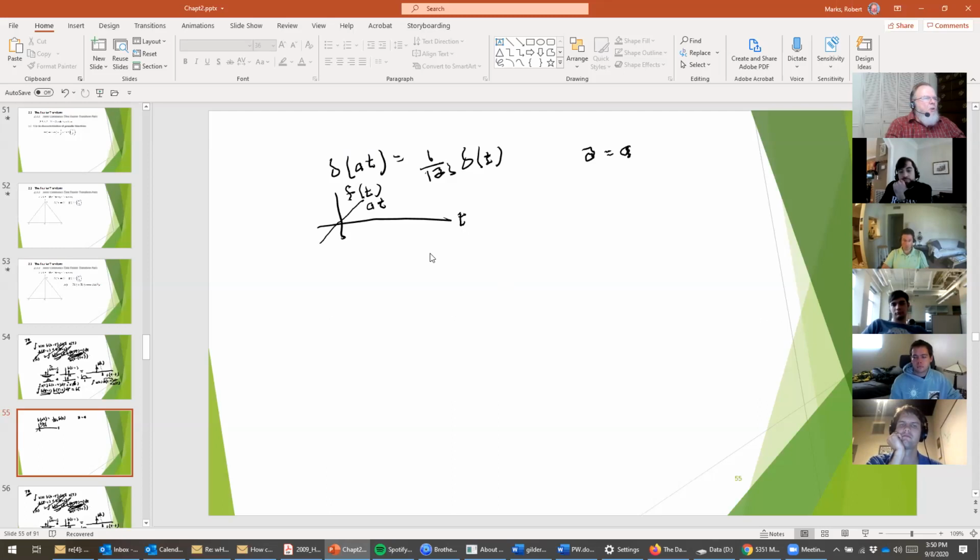And notice the slope of that line manifests itself in the scaling out here. So you need to know the slope of that line. Therefore, if you have, say, a really funky function, say g of t, and you ask yourself, what is delta of g of t?